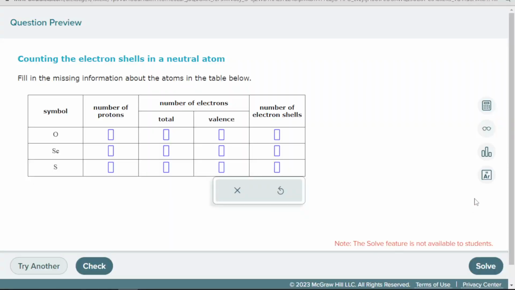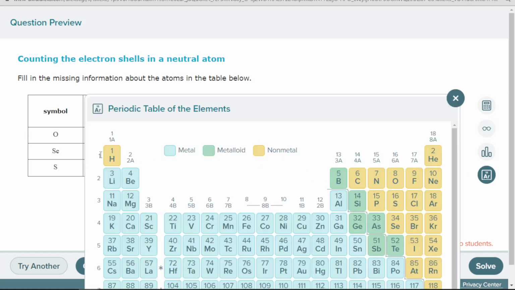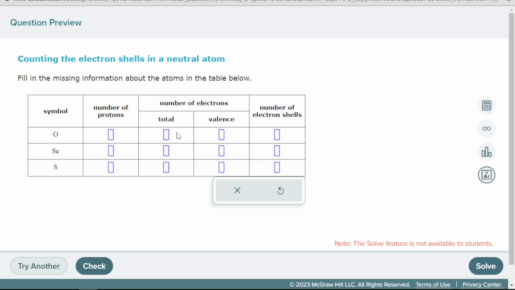In this example, we will analyze atoms in terms of protons, electrons, valence electrons, and energy levels. But for now, let's just focus on the energy levels. So energy, electron shells, that's the same thing as an energy level. So if we look at oxygen, oxygen is in the second period, so it has 2 electron shells.